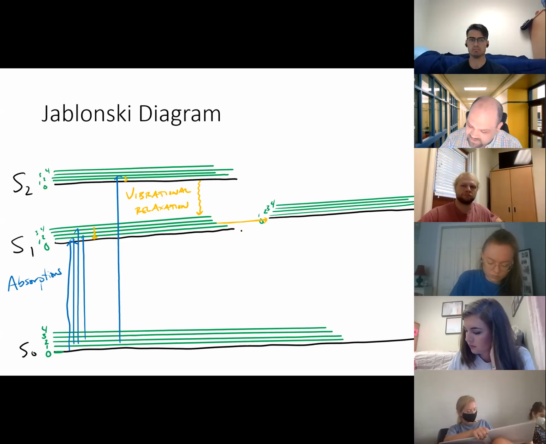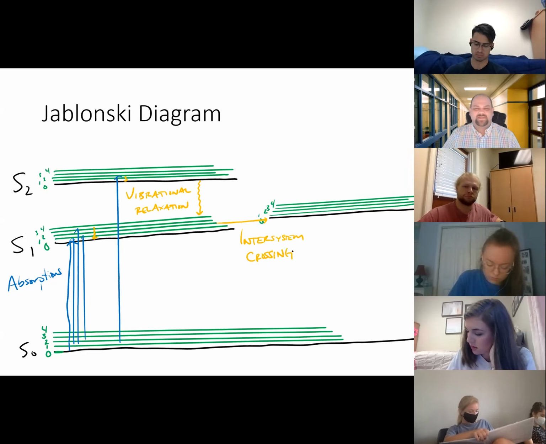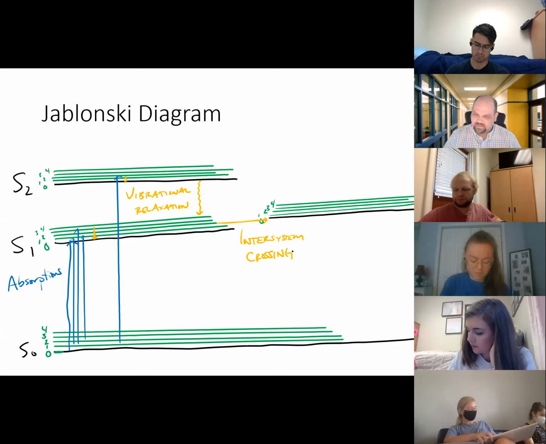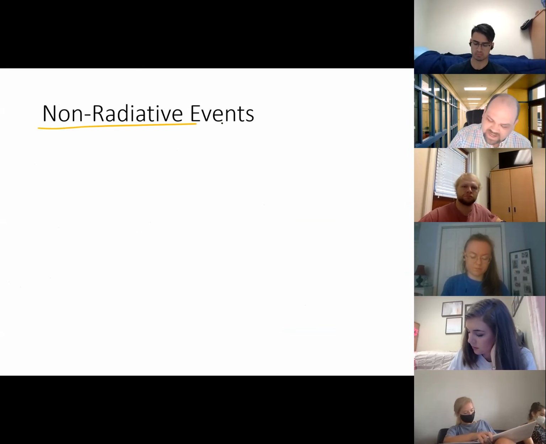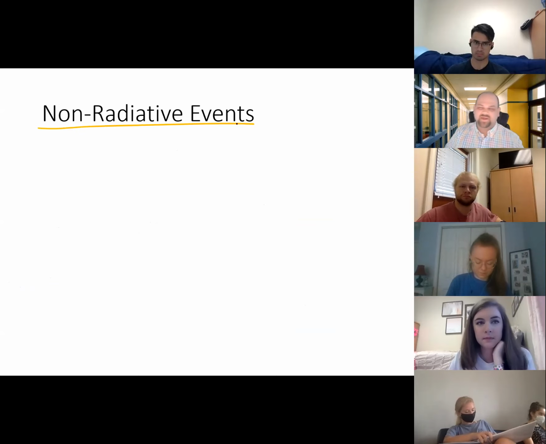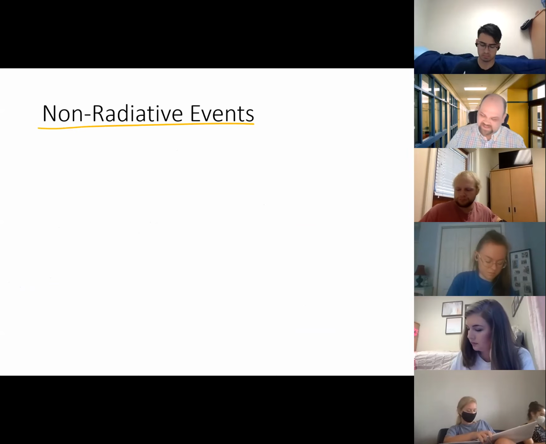And so this conversion is called intersystem crossing. Okay? From the singlet system to the triplet system. And all of these fall under these non-radiative events, right? We don't get a photon back out when any of this happens.